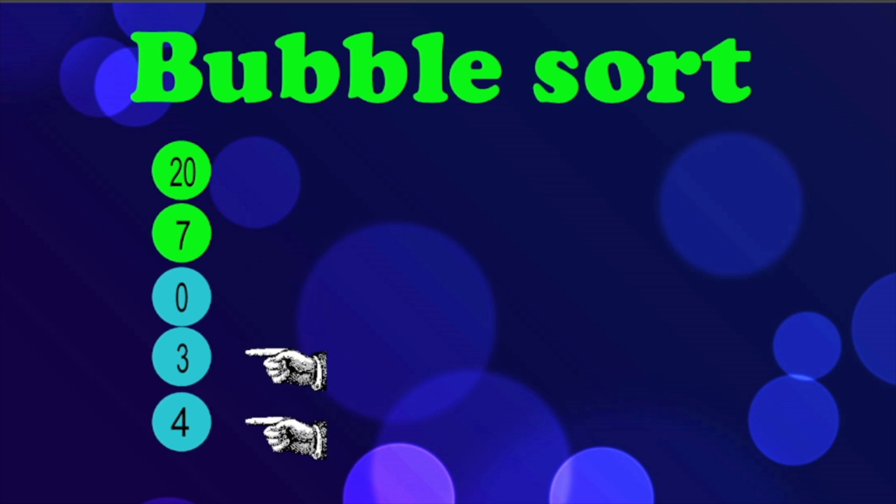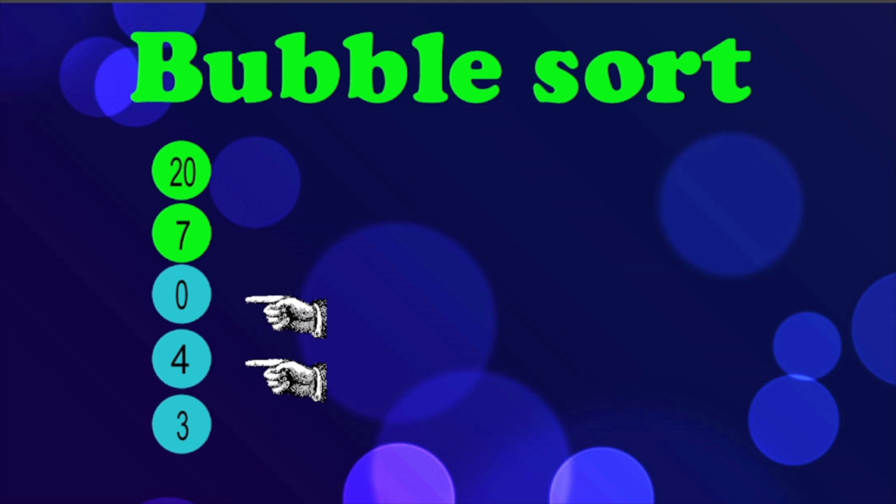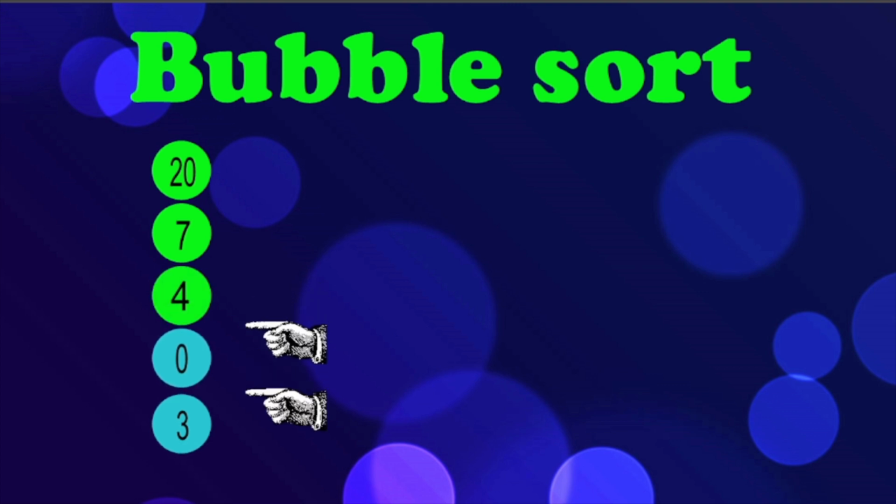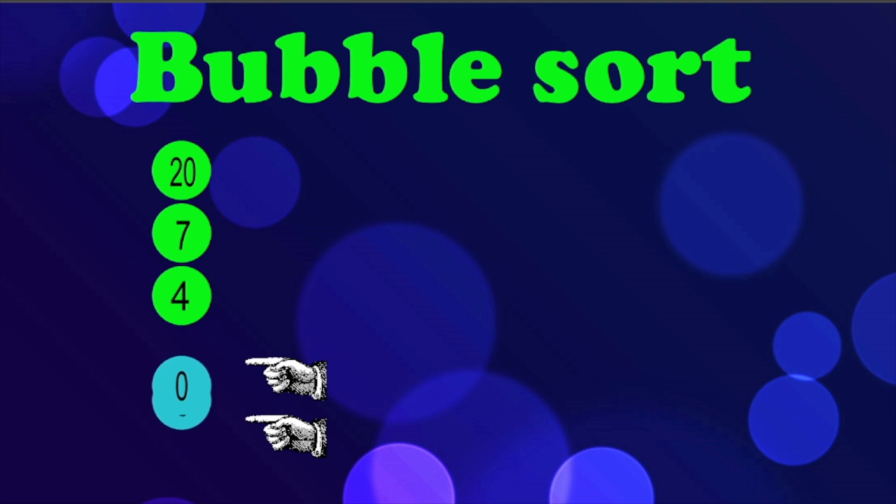Again, we repeat the process from the beginning. As you see, 4 is going up, and next one, 4 is going up again. Okay, and 4 is already sorted. And the last comparison. Okay, great.